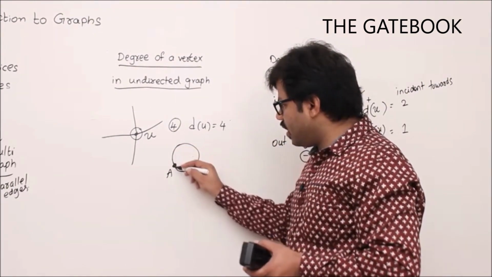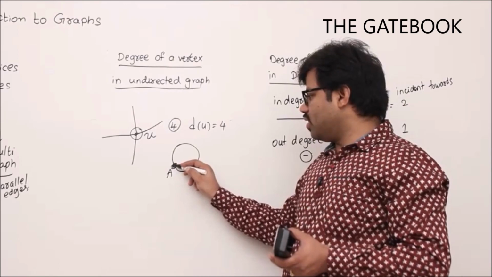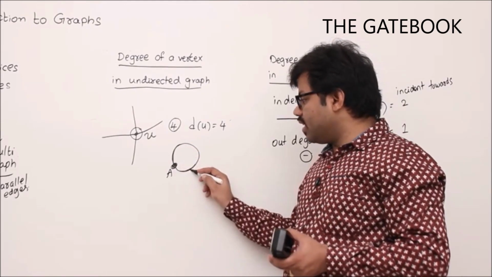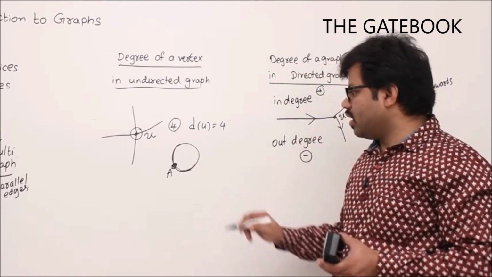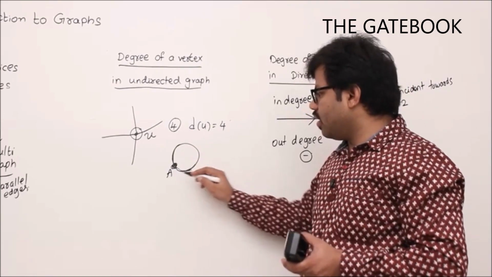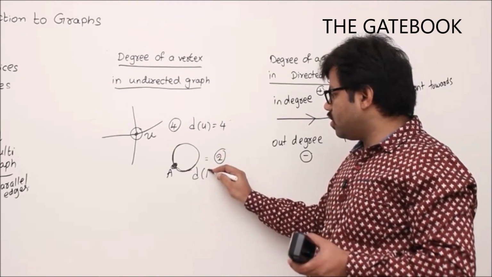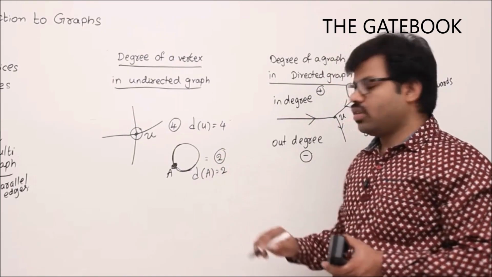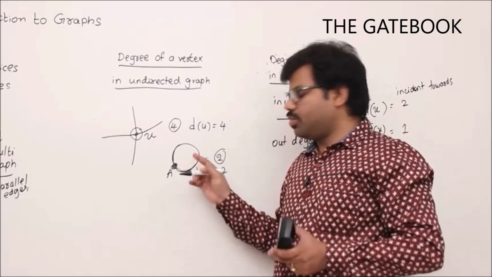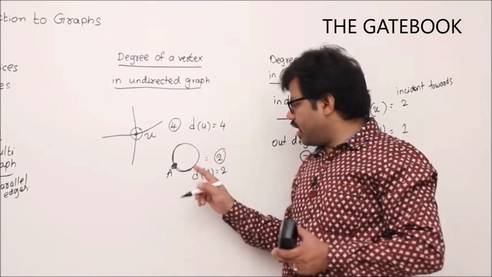From this side and this side, so this point has two incident places. Two same edges incident here and here, then I can count it as 2. So degree of A is 2 here. Otherwise it's an exception. There are two ways you can reason like this, that's why degree of A is 2.